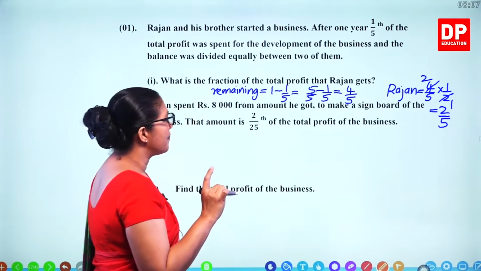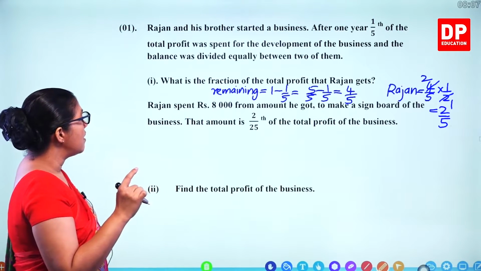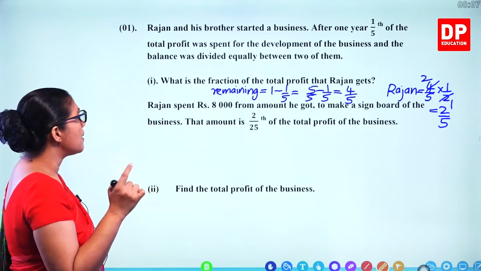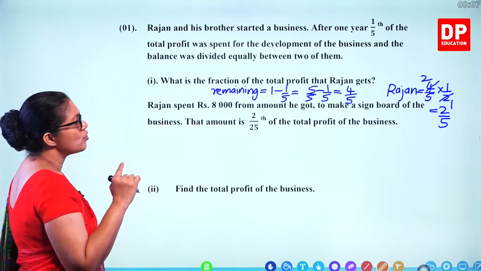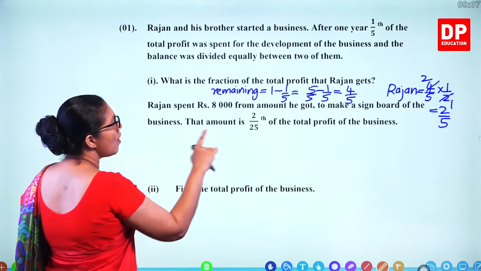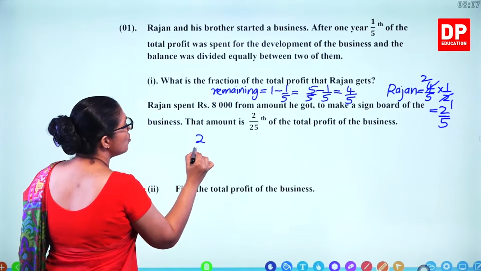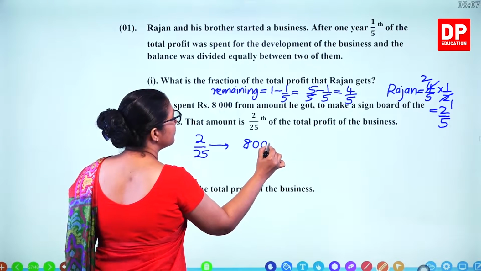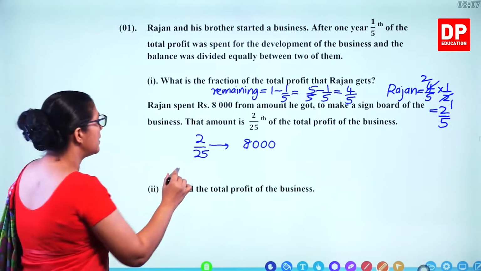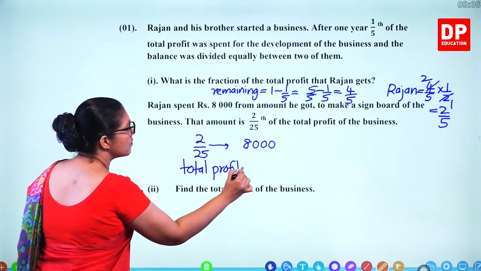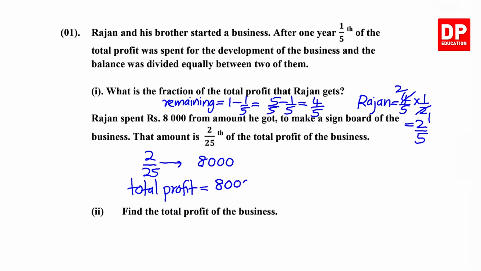Then the next one. It says Rajan spent 8,000 from the amount he got to make a signboard for the business. That amount is 2/25 of the total profit. So 2/25 of the total profit is 8,000. What's the total profit? You multiply 8,000 by 25 and divide by 2.